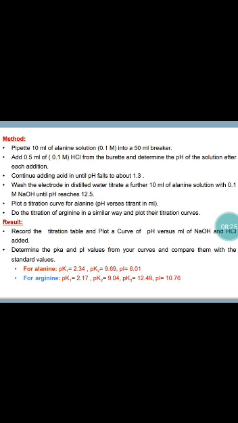For arginine, pK1 is equal to 2.17, pK2 is equal to 9.04, pK3 is equal to 12.48, pI is equal to 10.76. So guys, we studied how we find or calculate the pKa and pI values of the amino acids by the titration method. All is clear? Thank you and Allah Hafiz.